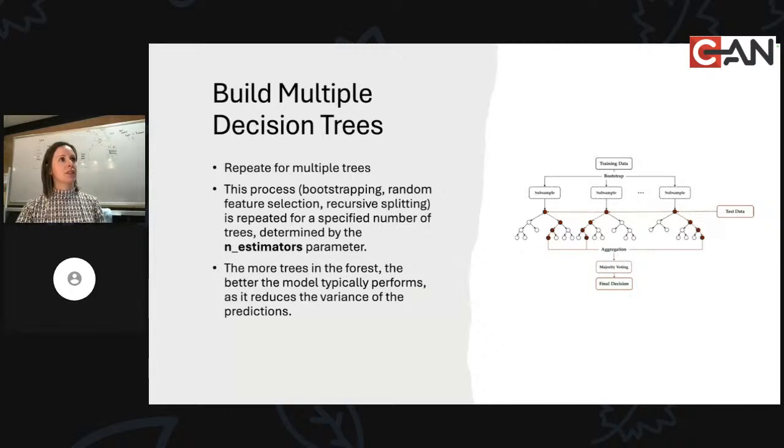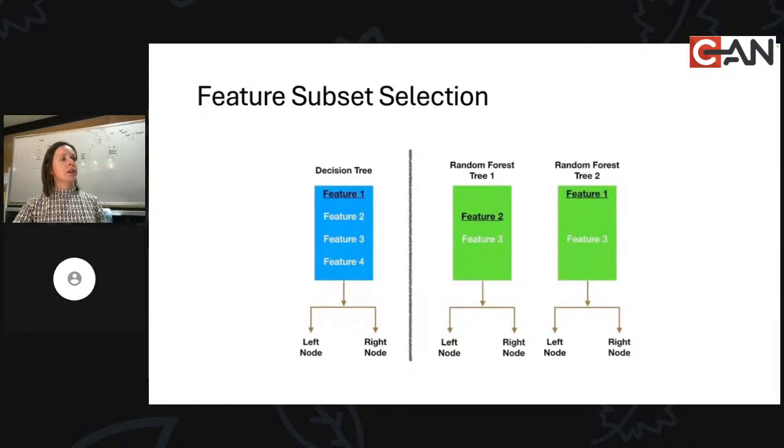Let me see if there was anything else I wanted to say on here. In addition to doing multiple subsets of the data, like we had just said, apples, bananas, pears, maybe we're gonna make 3 trees here.